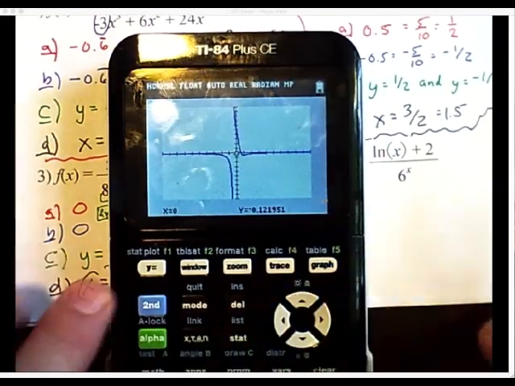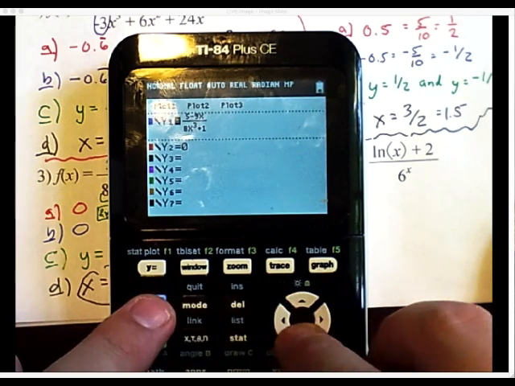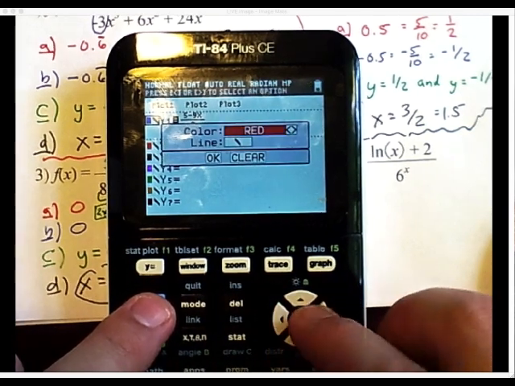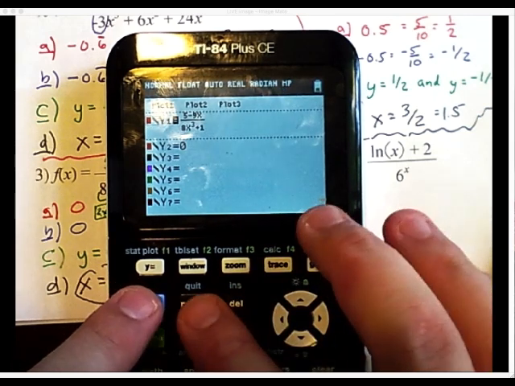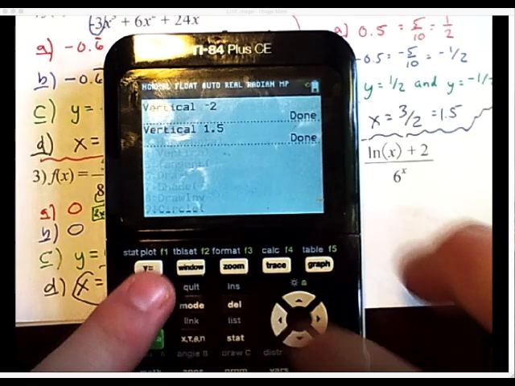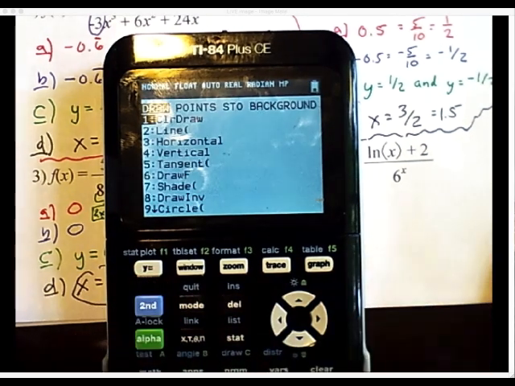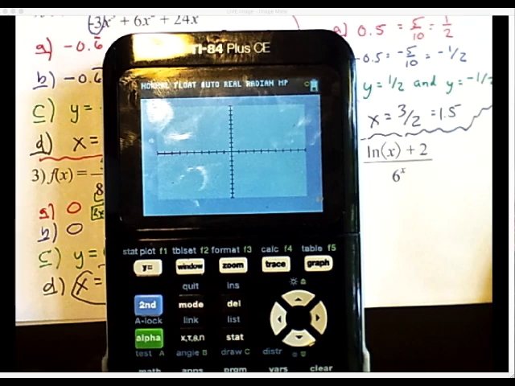Okay. If I draw in here, let me change this color real quick so it's easier to see. Okay. If I draw in a vertical line at negative 1/2, okay, so here's the curve.